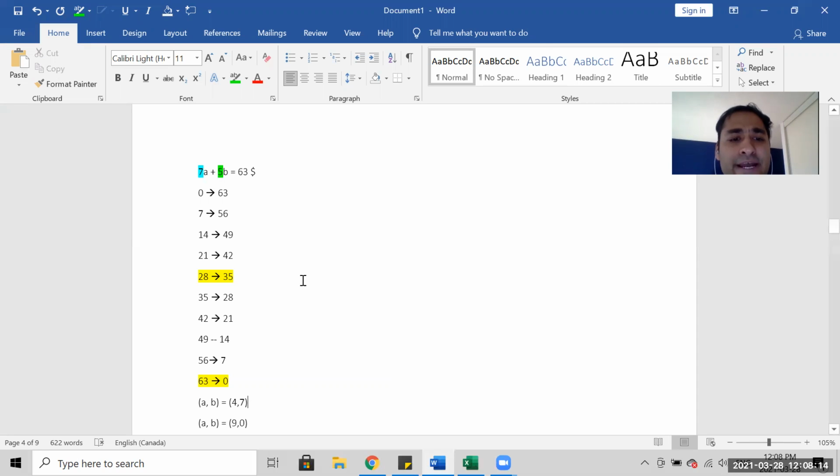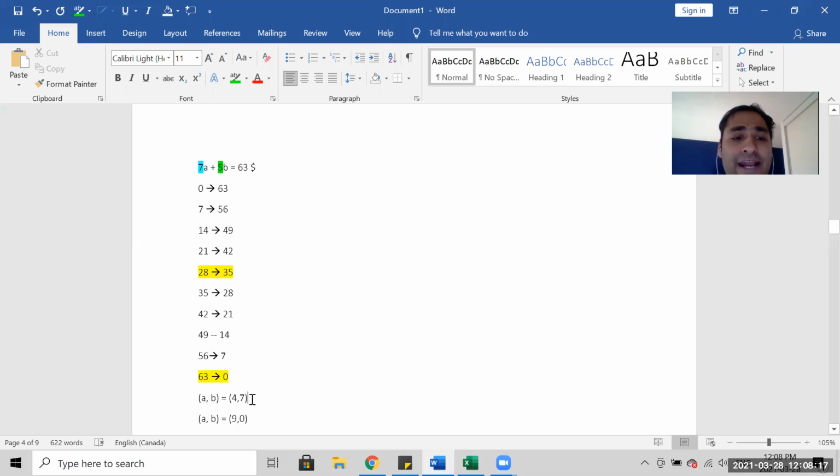I wanted to understand the trend, and I noticed a trend. Whatever the value of x is, in any equation with non-negative integers, where you find any values of x and y, or a and b, I noticed a very specific trend. The difference between the 9 and the next viable value of x, that difference happens to be the coefficient of 5, the coefficient of the opposite value, b.